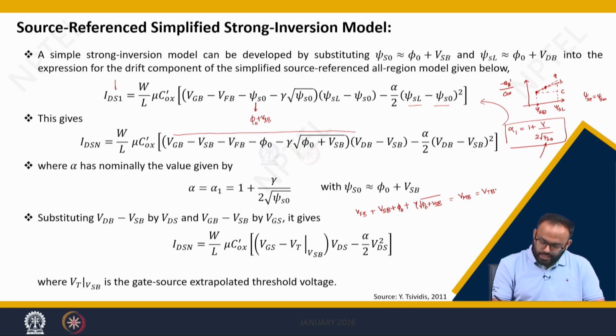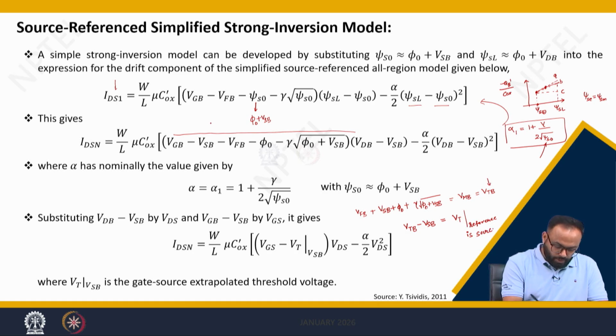However, in the previous lecture we discussed that if I want to represent this in terms of source, I need to rewrite it as VTB minus VSB, and this threshold voltage is with respect to source. Here the reference is source, not the body, and hence this equation can be represented as Vt, and VGB minus VSB can be written as VGS.